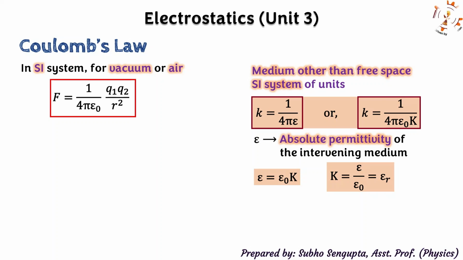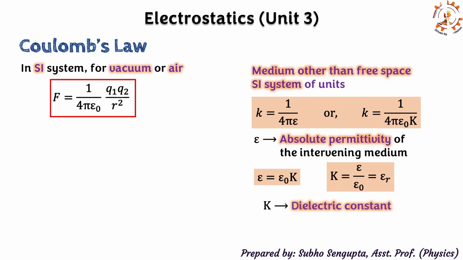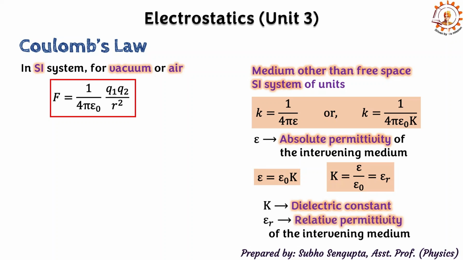This ratio is also denoted by epsilon suffix r. Uppercase K is called the dielectric constant, while epsilon suffix r is called the relative permittivity of the intervening medium. I will discuss this dielectric constant or relative permittivity a bit later in this lecture.